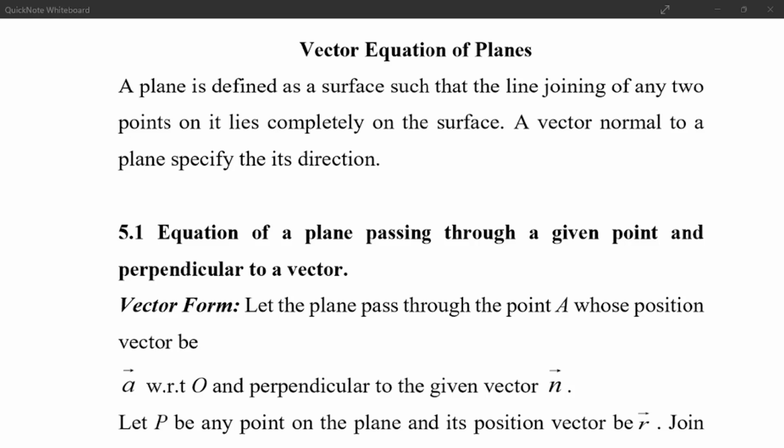We will work through examples to construct vector equations of planes and also visualize planes in 3D space to better understand their orientation. By then you will feel comfortable working with vector equations of planes and applying them to both mathematical problems and real world applications. Alright, so now let's begin.